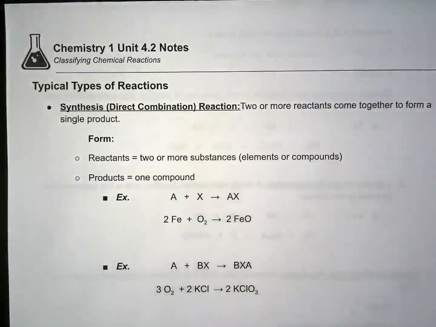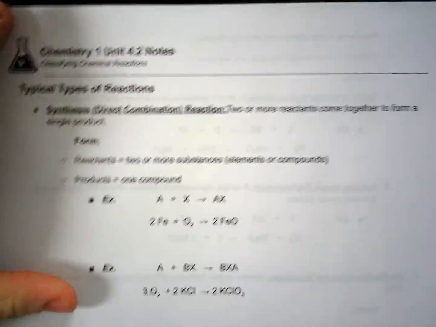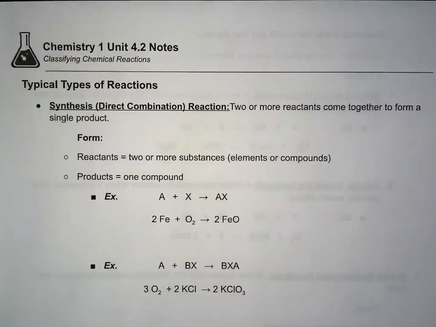This is going to be the notes for 4.2, classifying chemical reactions. Again, just to remind you, if you've already forgotten from the last set of notes, I'm giving you the full set of notes all filled out already in PDF form, and maybe whatever other form I may come up with in the future.